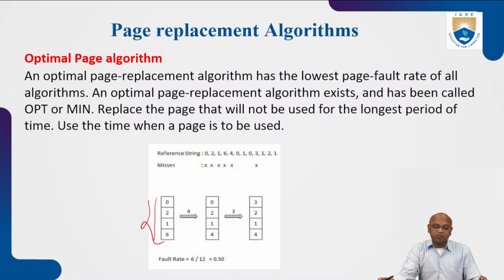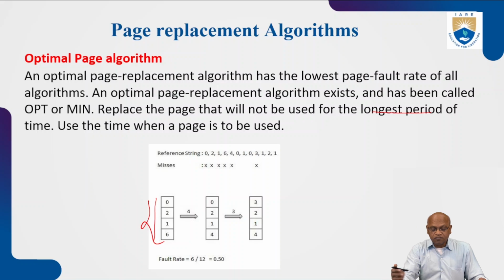Here in the optimal algorithm, the condition is to replace the page that will not be used for the longest period of time. So whichever page is not used for the longest period will be removed.